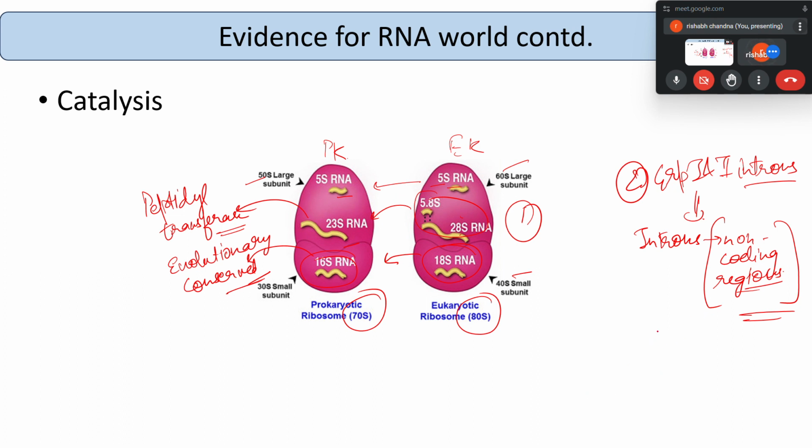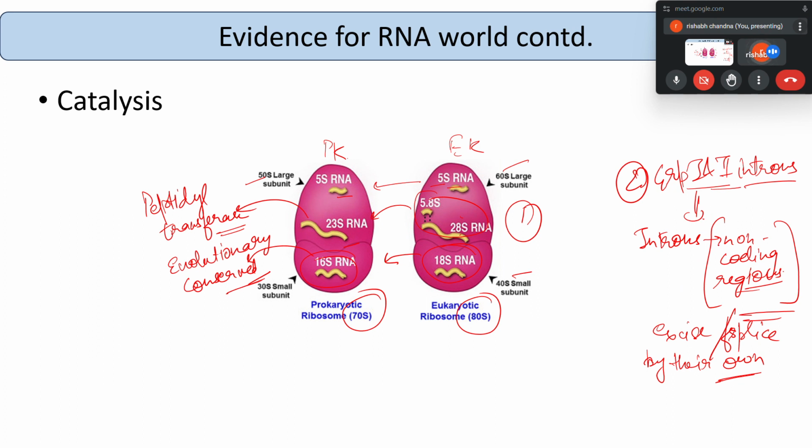In some regions there are group 1 and group 2 introns present that can excise or splice themselves on their own, so they do not need any external protein source to splice them out from the mRNA.